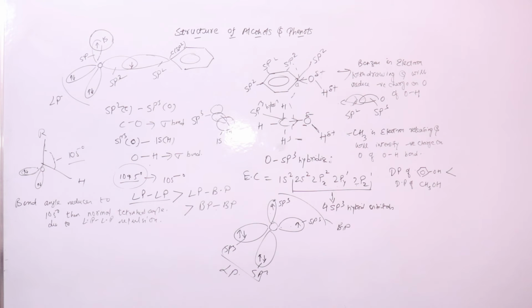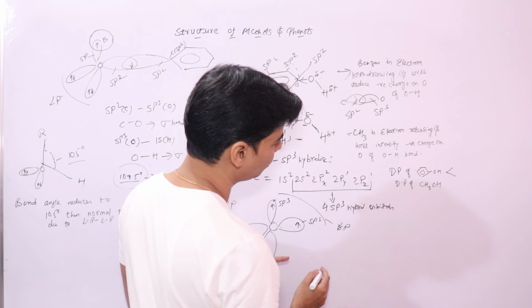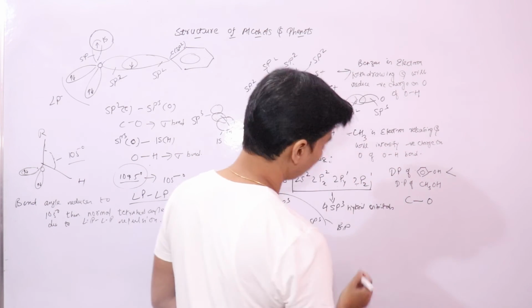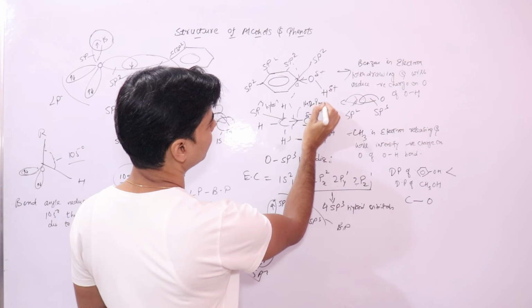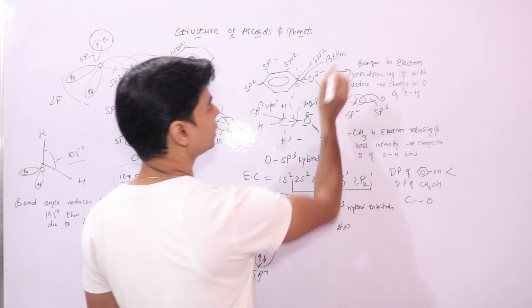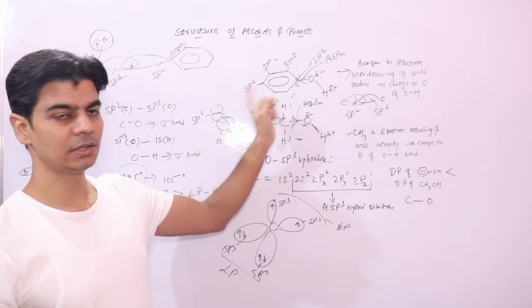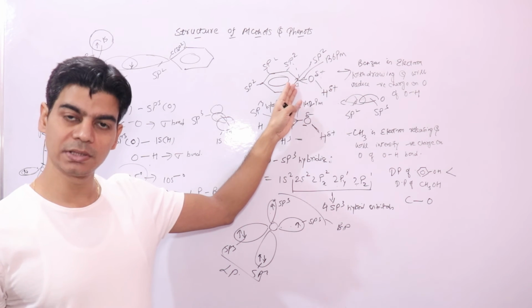One more thing, if we talk about the bond length of CO in alcohol, in methanol, right, this bond length in methanol is 142 pm, whereas CO bond length in case of phenol is 136 pm. This is very important. Why is bond length of CO less in phenol compared to that in methanol, although both are CO bonds, but why does it get reduced in phenol?